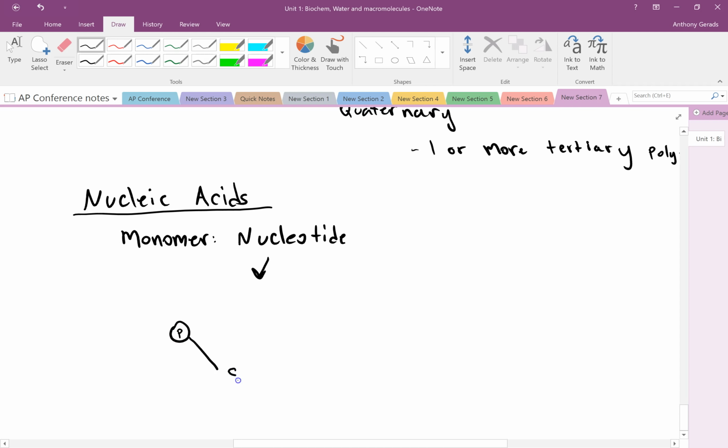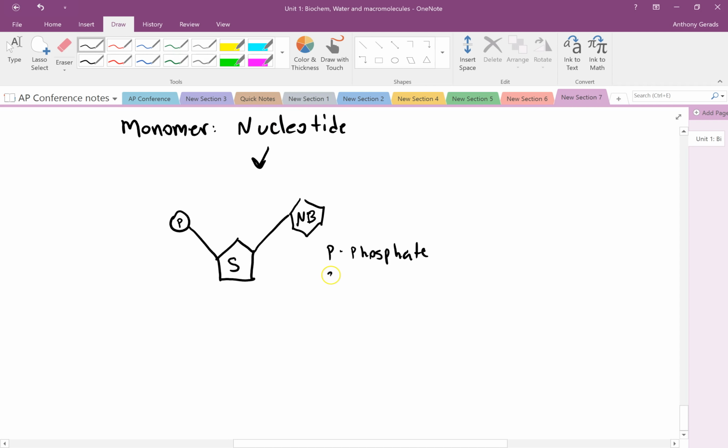It's going to have a sugar, a pentose sugar, and it's going to have a nitrogenous base, NB. So phosphate, sugar, nitrogenous base.